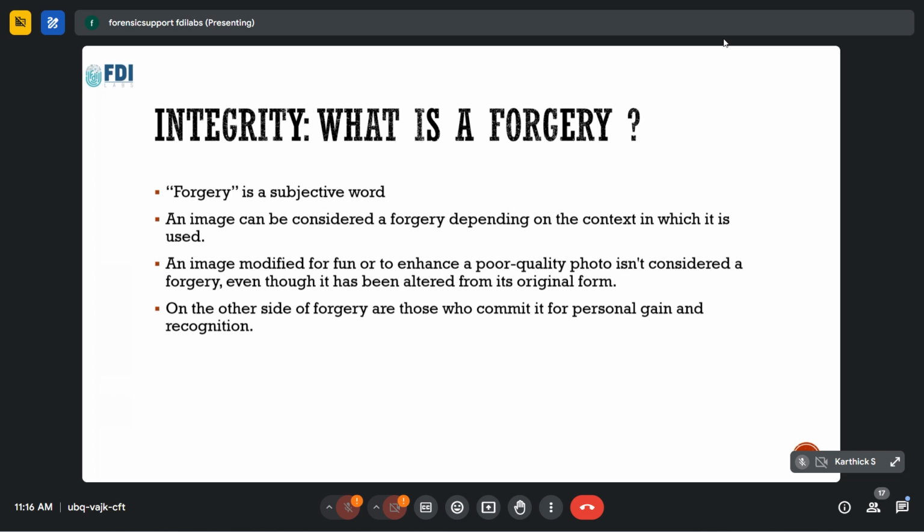We read that forgery is a subjective word. An image can be considered a forgery depending on the context in which it is used. An image modified for fun or to enhance poor quality isn't considered a forgery, even though it has been altered from its original form. In today's generation, advancements in graphics have led to various photo editing software like Photoshop and Lightroom.